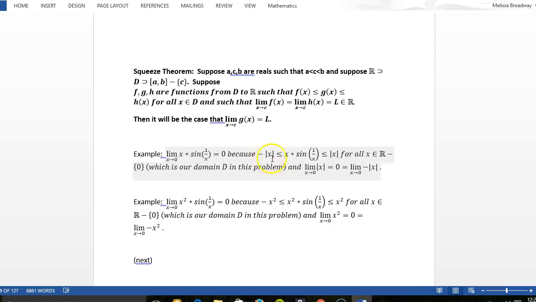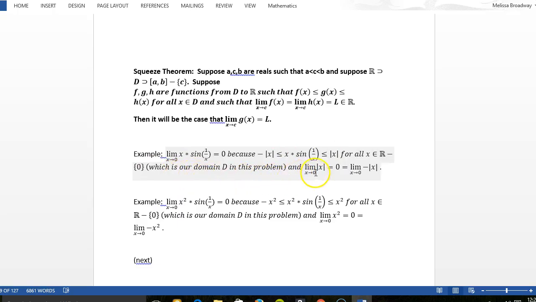Notice that negative absolute x is less than or equal to x times sine 1 over x, which in turn is less than or equal to just ordinary absolute x. So this is negative 1 times absolute x, and this is ordinary absolute x. And our function of interest, f of x equals x sine 1 over x, is caged in between these, on the non-zero reals, that is our domain.